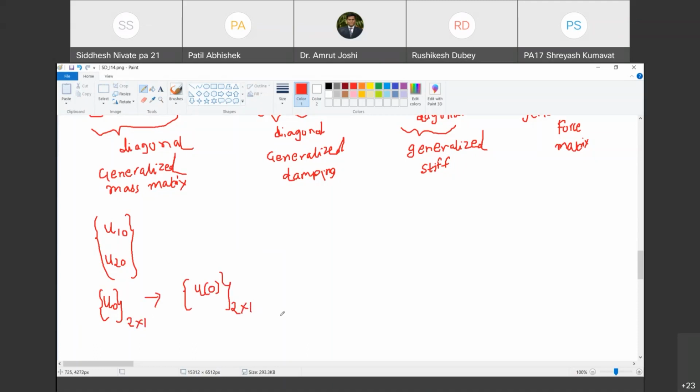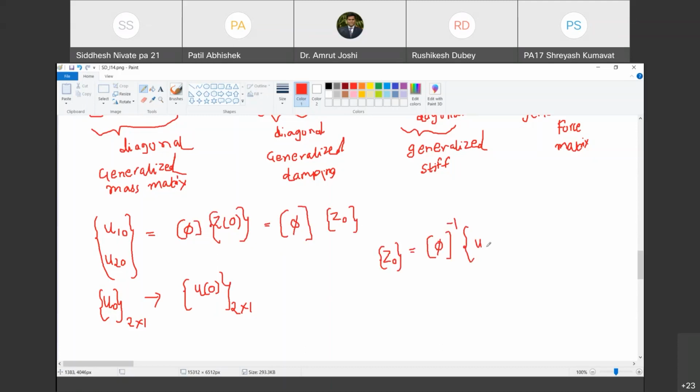Okay. So this is the matrix. How do I write it? This must be equal to phi times Z0. Do you agree with me? Yes, sir. Are you with me? This must be equal to therefore phi times, I will call that matrix the matrix of Z0s. Are you with me? Yes, sir. So what is the Z0 matrix? Z0 matrix is nothing but phi inverse U0 matrix.